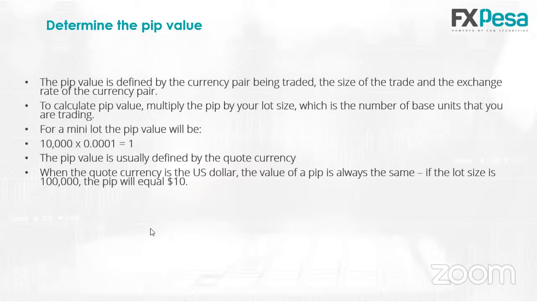And from the definition of a pip, it's 0.0001. So now you'll end up with a pip value of $1. That means for every increase by 1 pip, I'm making $1 or losing $1, if, for example, I'm in a short position.